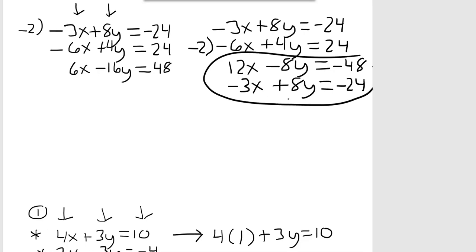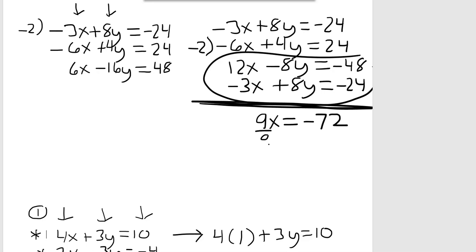Okay, so you can make a choice of whatever you think is going to be the easiest. I'm going to go ahead and just continue to solve right here for this one. So when the y variable drops out, we're left with 9x equals negative 48 plus negative 24, which is negative 72. And then when we divide by 9, we get x equals negative 8.